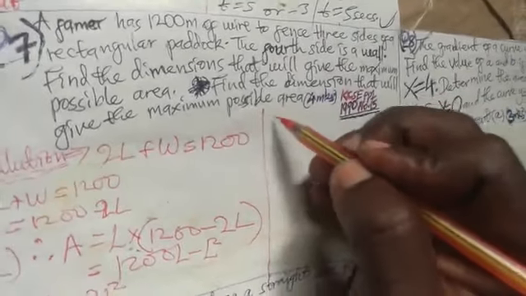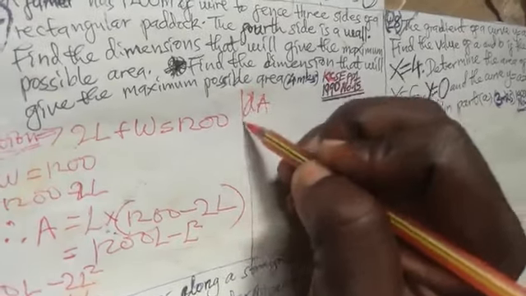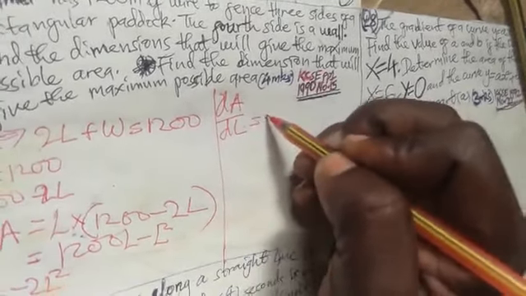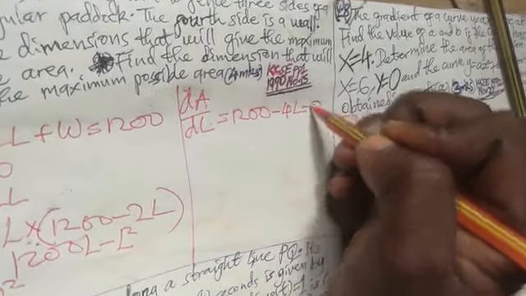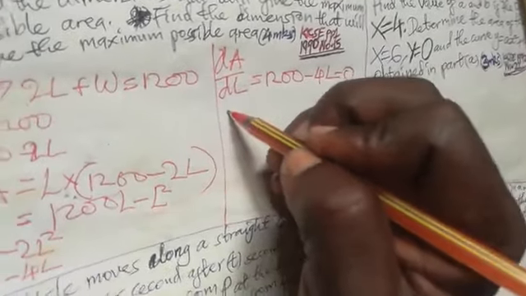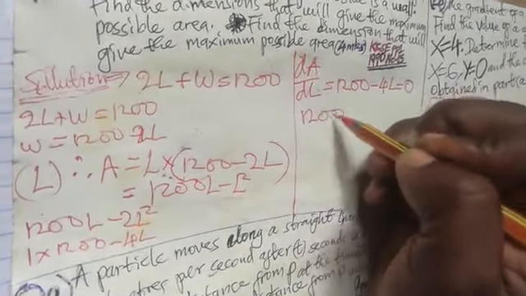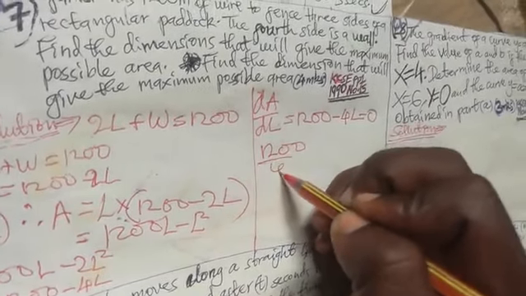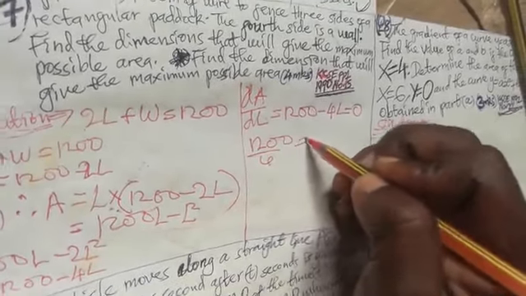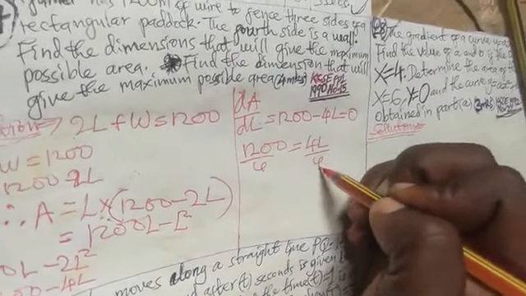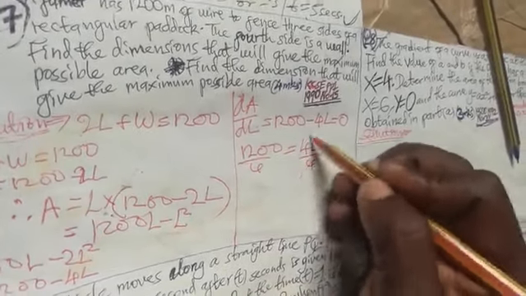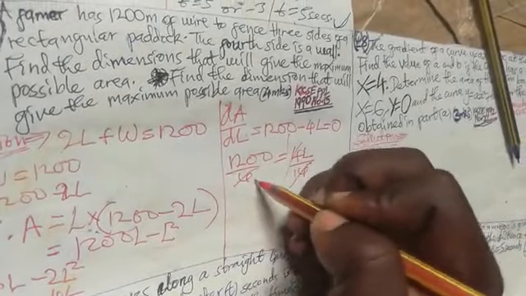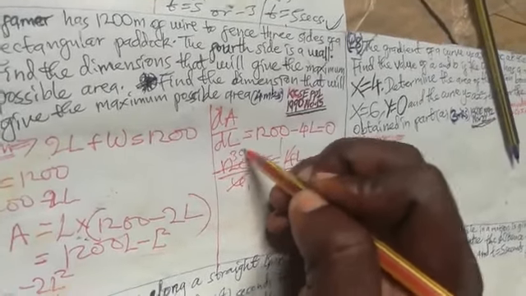Therefore, dA/dL is the same as 1200 minus 4L is equal to 0. Therefore, 1200 over 4 is the same as 4L over 4. This cancels by 4, and L is 300.